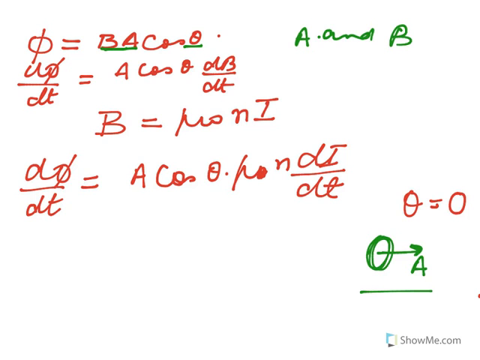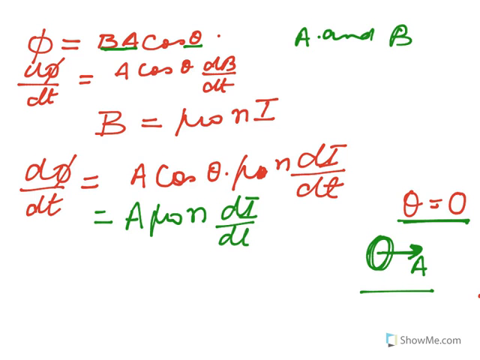So the angle between A and B is equal to 0. A is the area vector which is given by the normal to the plane. So theta is equal to 0. So d phi dt becomes equal to A mu naught N di dt.